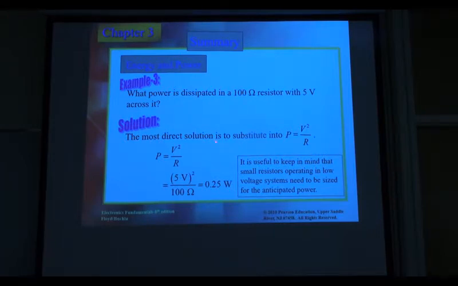If you touch the resistor, you may feel it very, very hot. Sometimes it may be too hot that it burns your resistor. The resistor is gone, totally died. So that says, keep in mind that small resistors operating at low voltage systems need to be sized for the anticipated power.